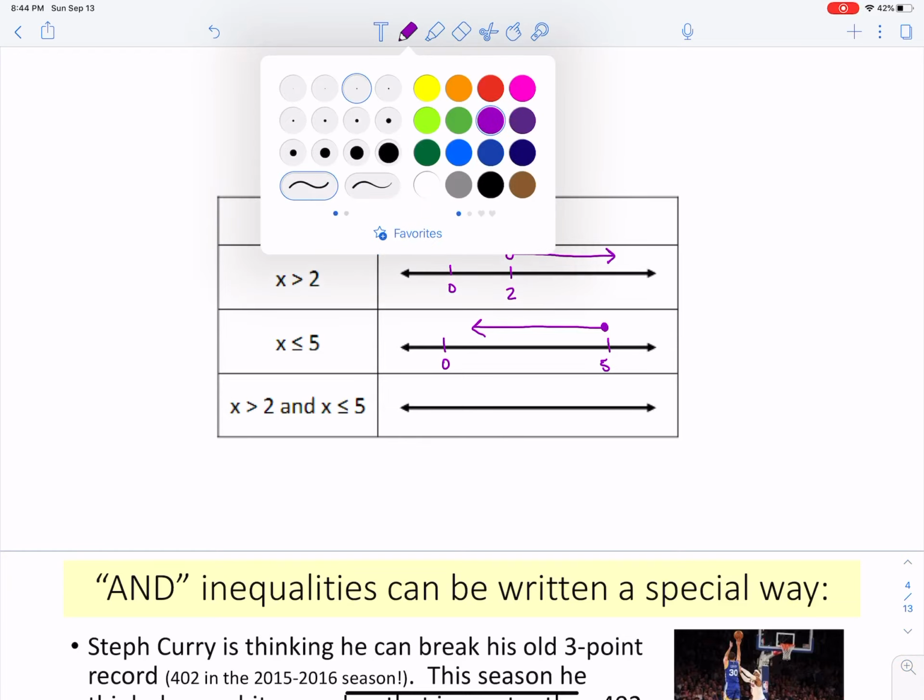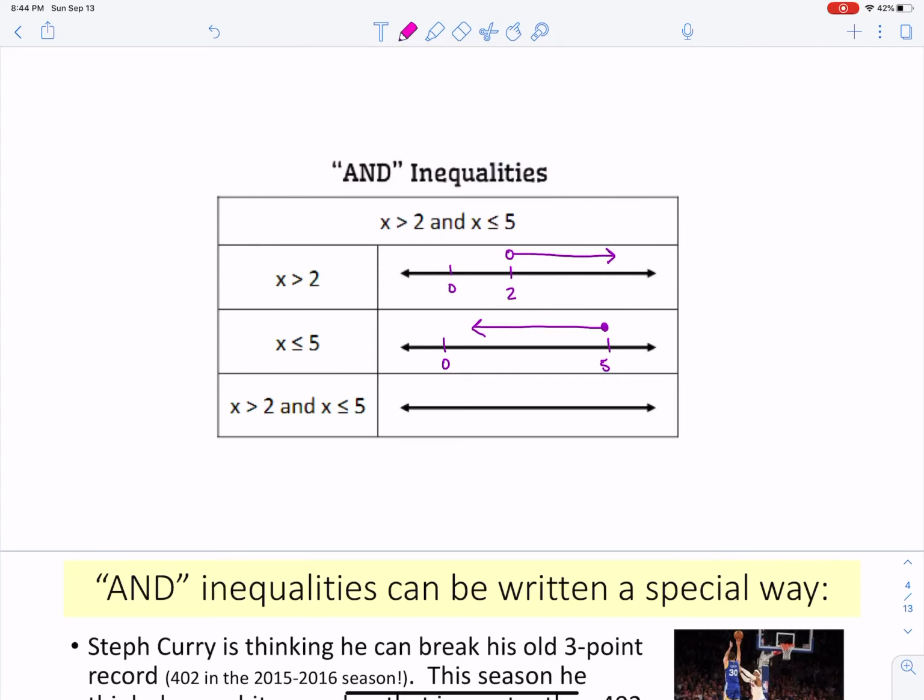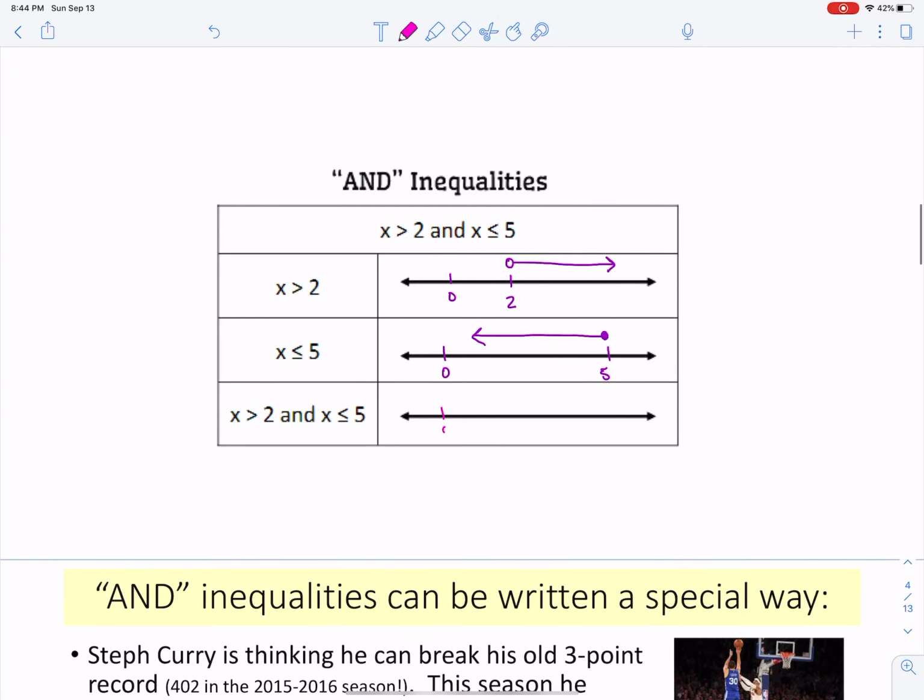When we graph this on a number line, we take the area right in between where they're combined. So we do 2 and 5: all the numbers greater than 2, but when I get to 5, I close that dot off, and that's how we graph it.